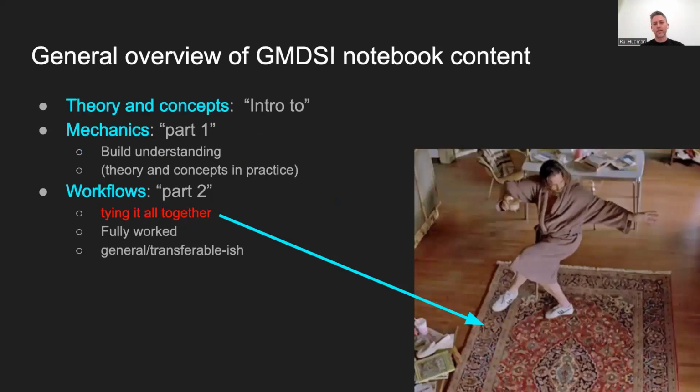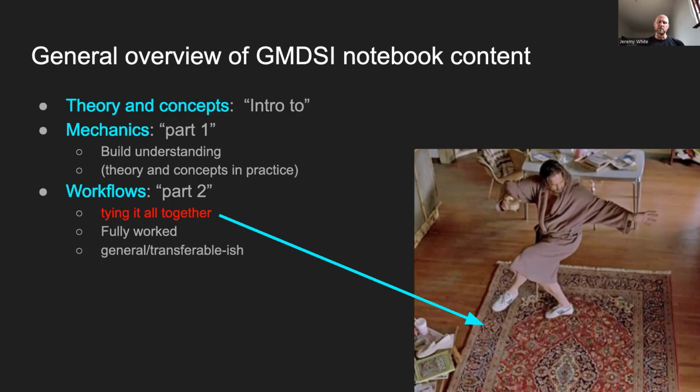So at the highest level, there are 3 categories of notebooks. We have the theory and the concepts, and those are what we would call the intro to notebooks. Then we have the mechanics in part 1, where we're again trying to build understanding by doing the theory and the concepts in practice. And then the workflow notebooks, the part 2 notebooks, is where we tie it all together like the dude's rug, right?